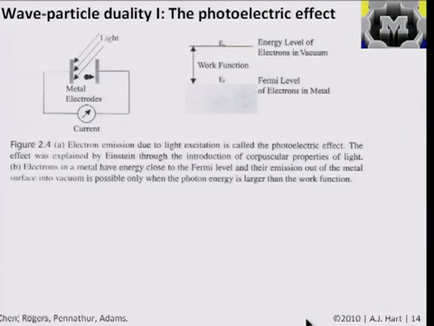So one of the fundamental experiments that got scientists starting to think about how energy carriers interact in materials and how, as we'll see later, the properties of materials start to depend on their size, was this observation of what's called the photoelectric effect.